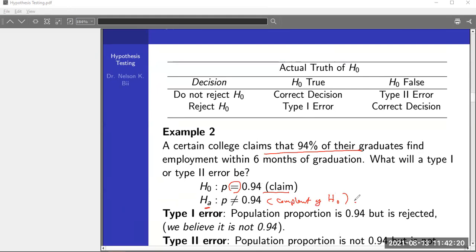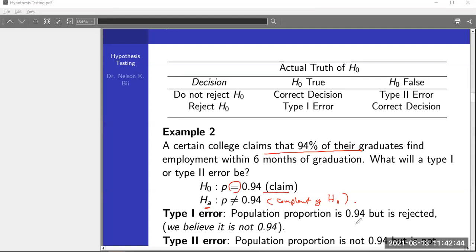Okay. So the one error now will be: the population proportion is 0.94, but that is rejected. Meaning that if you believe that the proportion is not 94%, then you are refuting the claims made by that college.